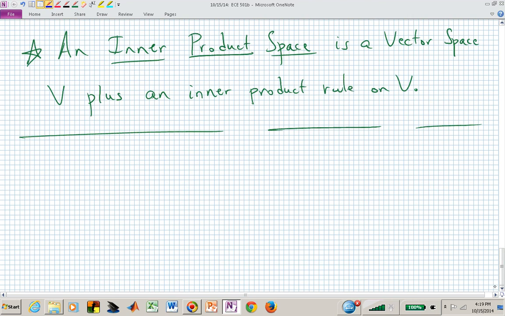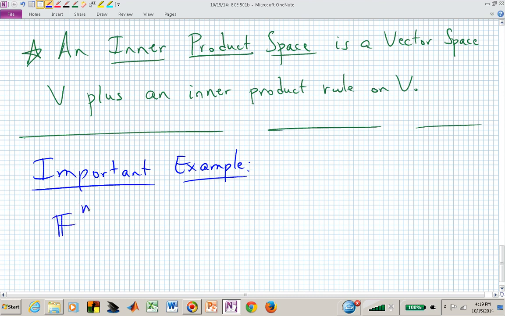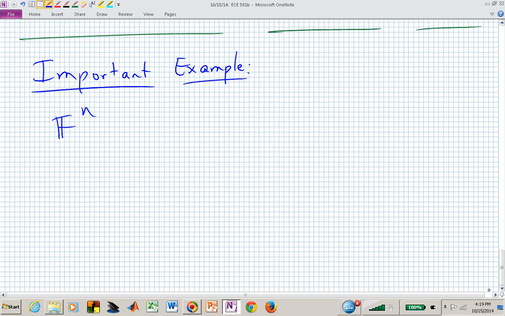And we can start looking at some examples. A very important example is if we now have an n-dimensional vector space, F to the n, where F could be real or complex. F to the n, now that's a vector space.